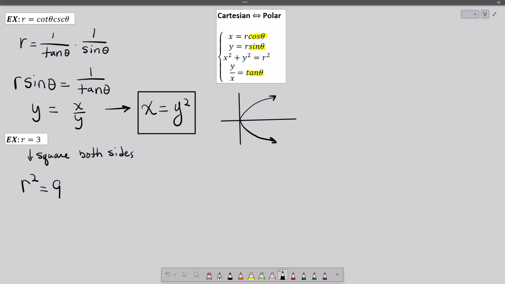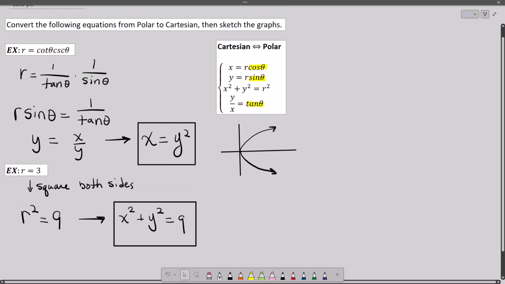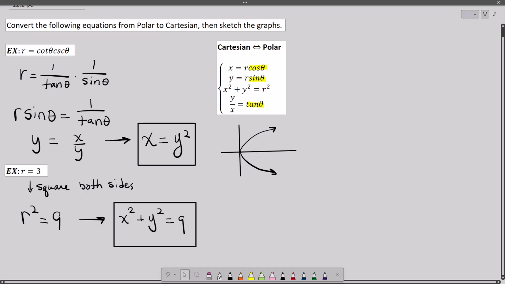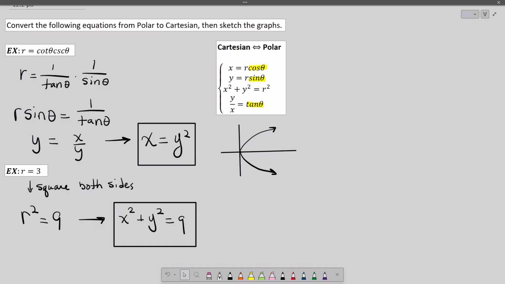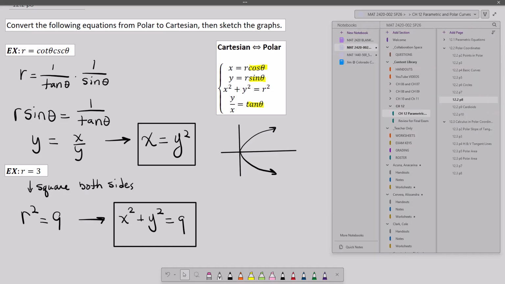So that will take us to the equation x squared plus y squared equals 9. Okay. Any questions on that? Not too crazy. But it might get worse.